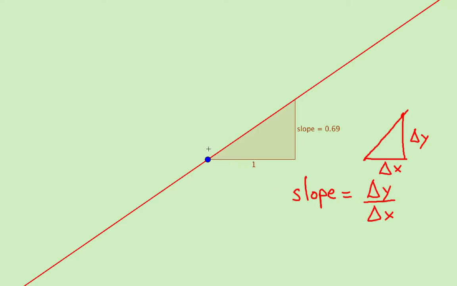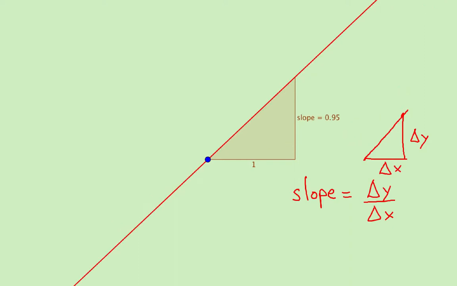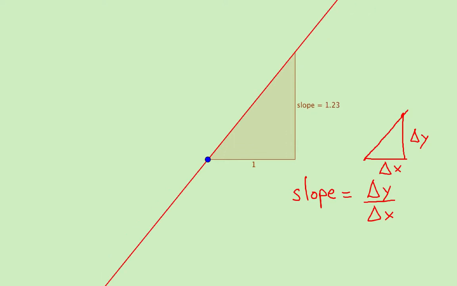Here the slope is 0.69. So this is 1 unit from here to here, and this is 0.69 units from here to here. Let me change the slope of this straight line and let's see how it increases. So now the slope is 0.95. It's gone up to 1.23.